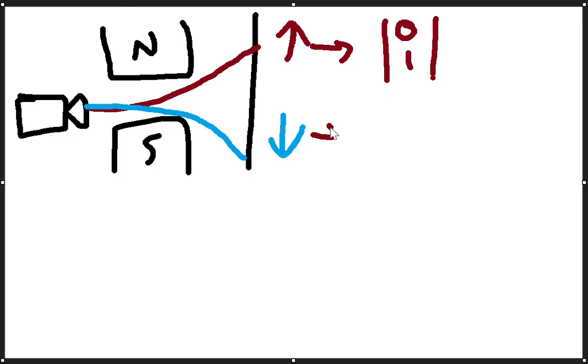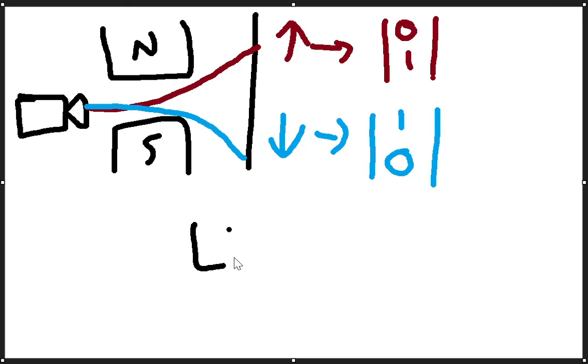Or we can represent this as this. And you might be asking, well, hang on, why isn't the downward vector just a -1? And the answer is linear independence.